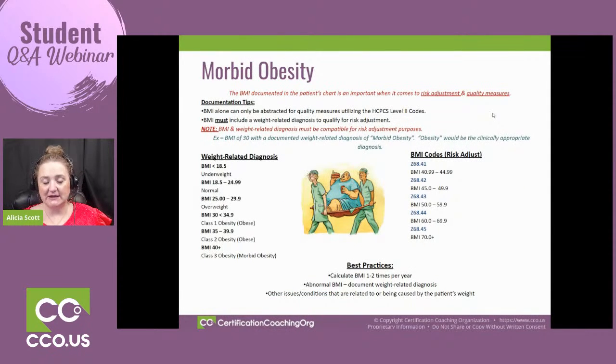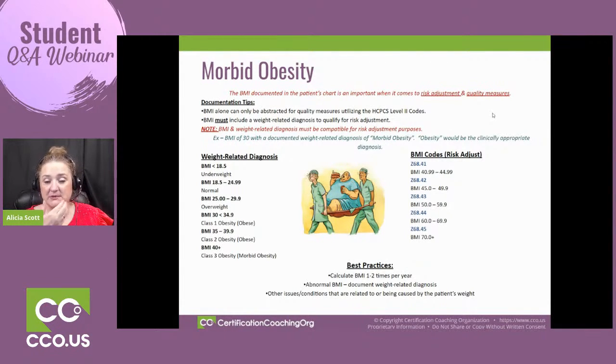Morbid obesity. I think you're going to find that this affects all of the specialties that you might be involved in risk adjustment. It's been an area where we have captured for MIPS and statistical purposes for a long time, trying to track it.